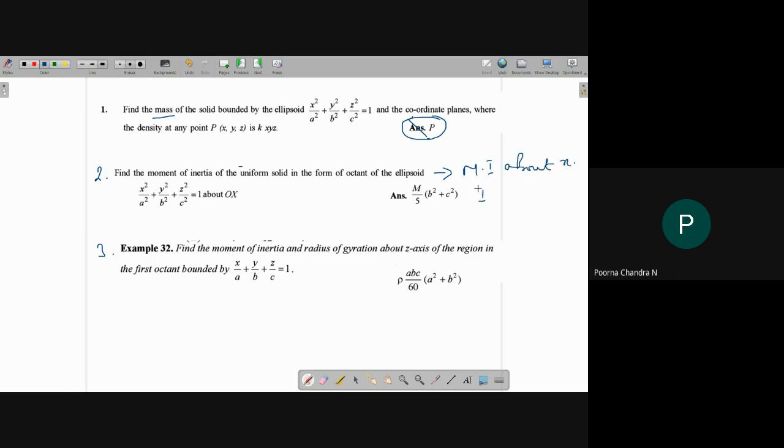Ix is equal to triple integral, not double integral, triple integral over V of rho into, about the x-axis, y square plus z square.